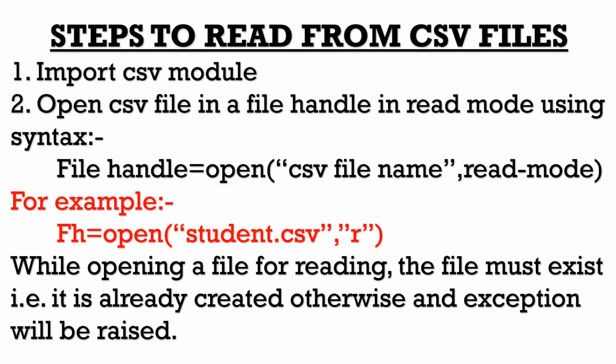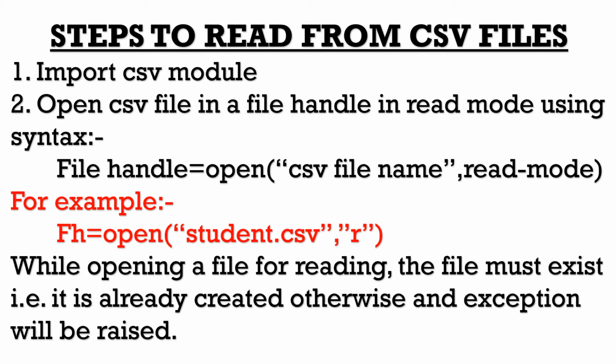Next step is to open the CSV file in a file handle in read mode, because you are going to read the file. You want to access the data that is stored in the CSV file. For that you need a file handle, which can be any valid identifier. You know how to select a valid identifier.